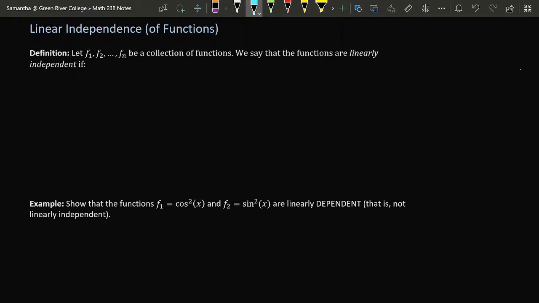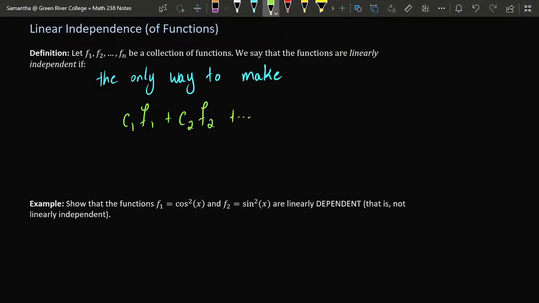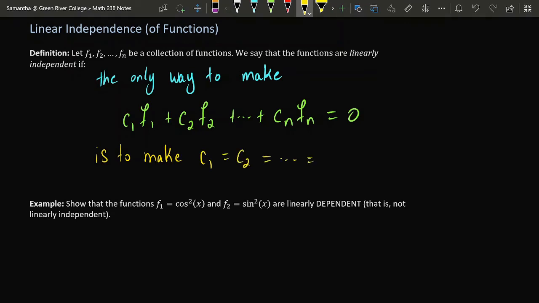The functions in this collection are said to be linearly independent if the only way to make C1 times F1 plus C2 times F2 plus C3 F3, and so on and so forth up to Cn, the only way to combine those functions and get 0 as a result is to do it in a really trivial way, is to make all the constants C1, C2, Cn, etc. equal to 0 themselves.